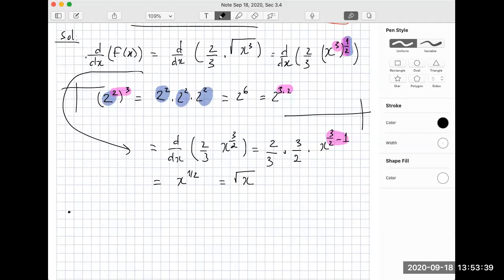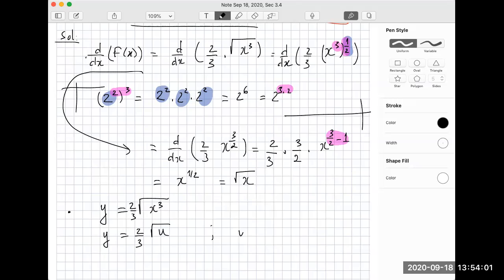Now if we say that y is 2 over 3 of the square root of x cubed, now if we say y is equal to 2 over 3 square root of u, right?